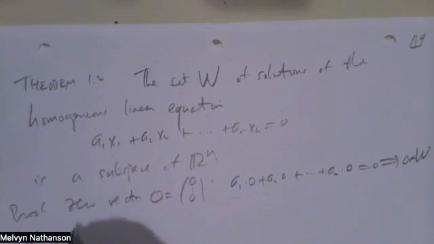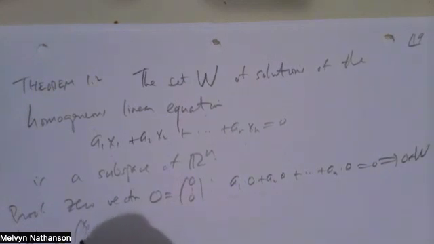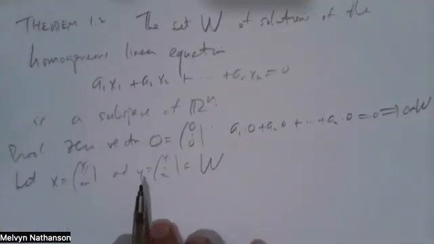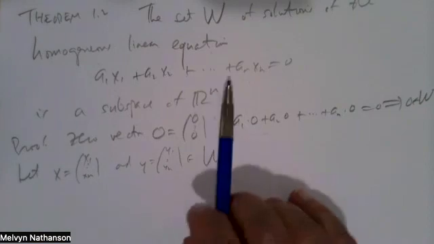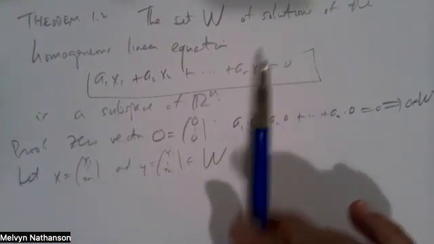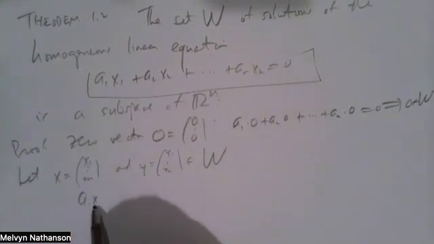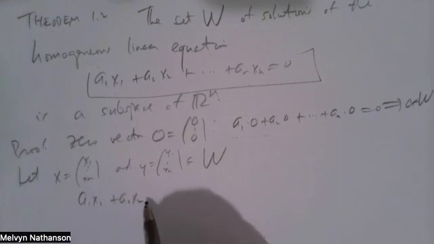Suppose I take two vectors, x with coordinates x1 down to xn, and y with coordinates y1 to yn, in the solution space. So what does that mean? They both solve this homogeneous equation. So a1x1 plus a2x2 up to an xn is 0.